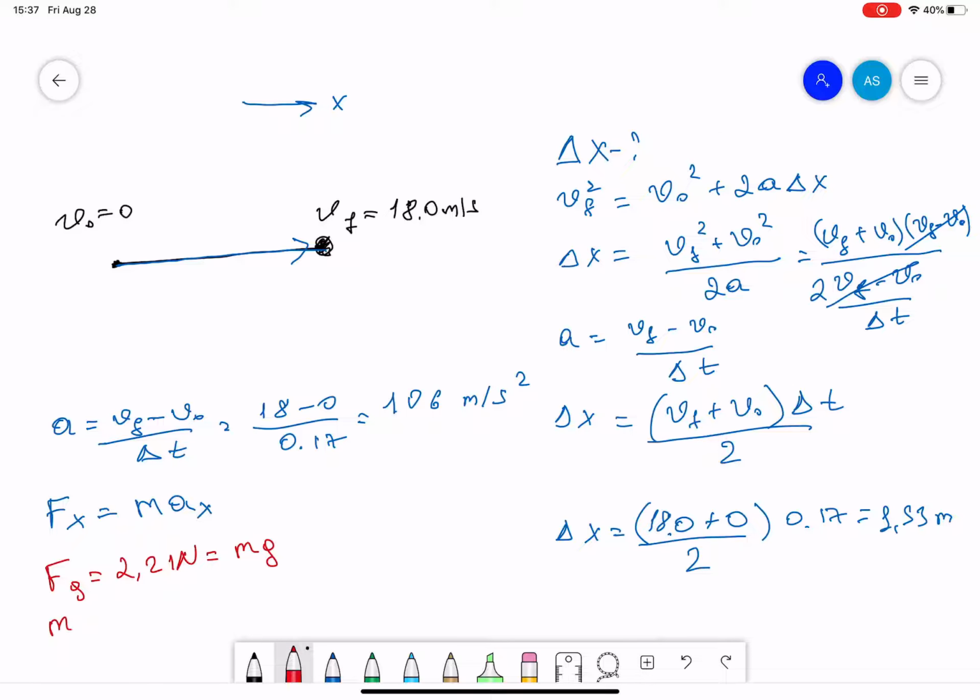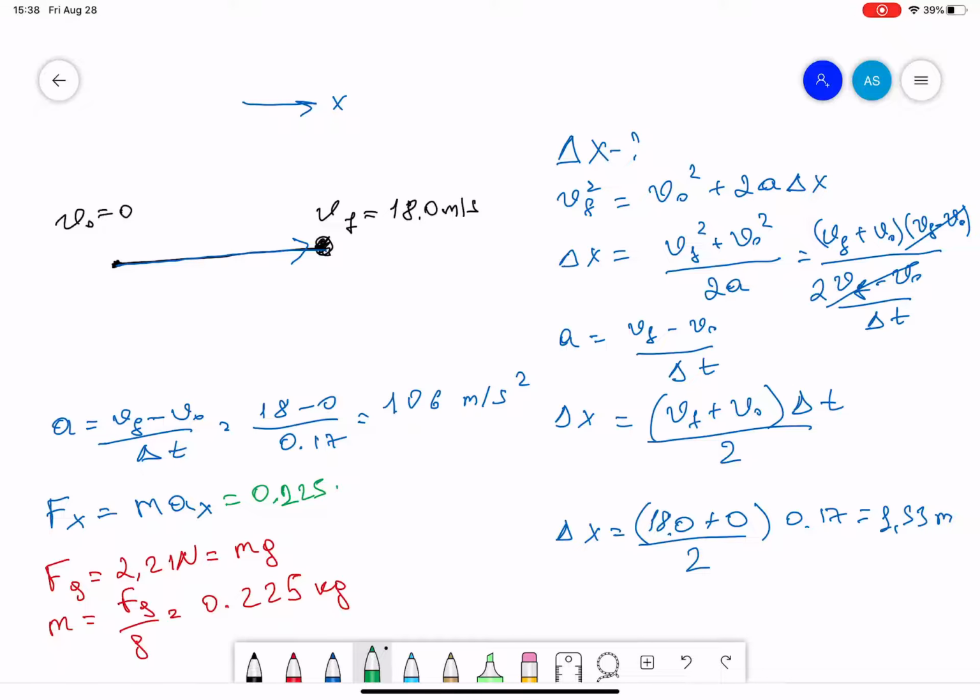If you want to find m, that means Fg divided by g. If you plug in the numbers, 2.21 divided by 9.8, you will get that the mass of the ball is 0.225 kilograms. So we bring it here: 0.225 multiplied by the acceleration in the x direction, 106.